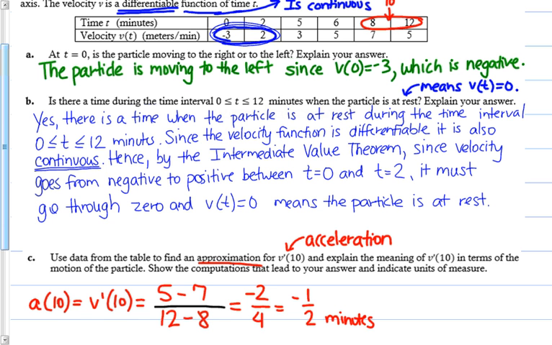Velocity, which is the top part of my slope over here, was in meters per minute. So my actual answer is negative 1/2 meters per minute squared. Remember I told you acceleration is always going to be squared. Okay, so those are my computations.